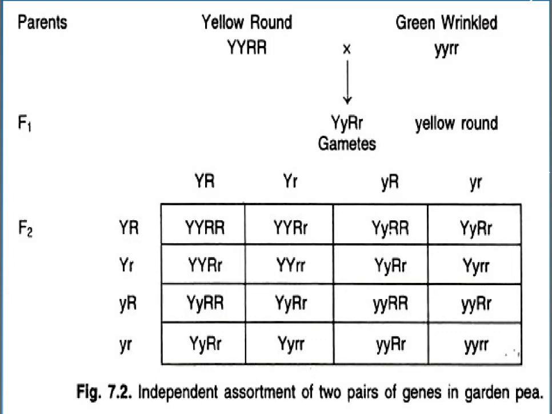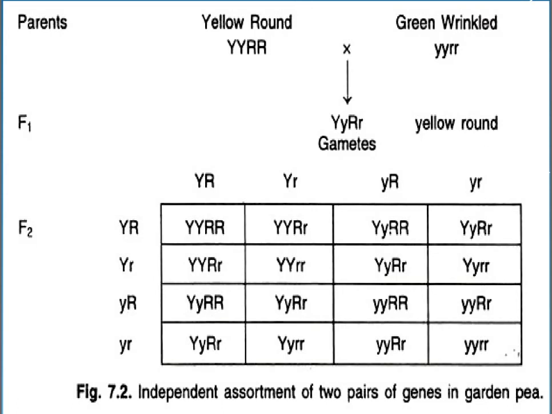All seeds have yellow round characters. Thus, yellow color of seed exhibits dominance over green, and round seed shape over wrinkled, independently. So this is called the law of independent assortment.